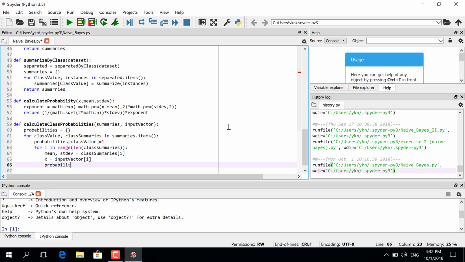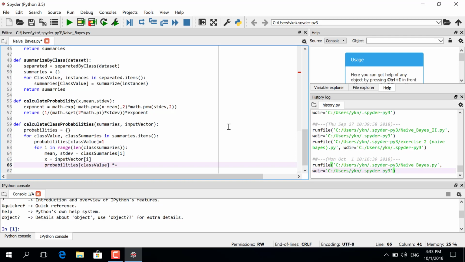So we can calculate here the probabilities of the class value, and then we have to put this bracket considering that the value of the probabilities can be extracted from the function. So we calculate here class value star equal.